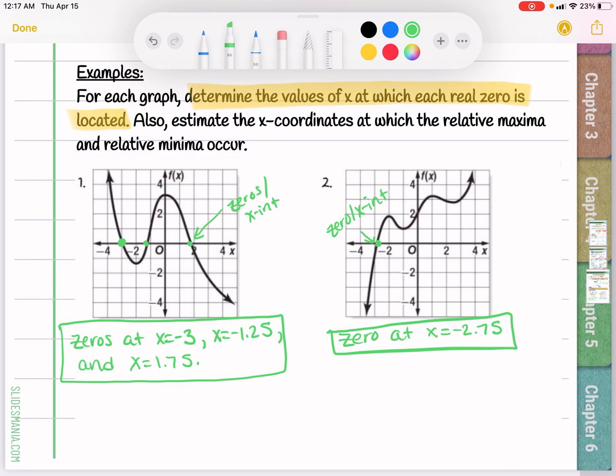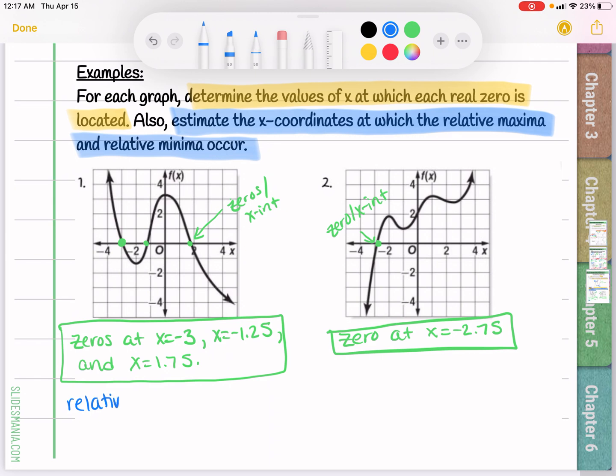Next, we're going to estimate the x-coordinates at which the relative maxima and relative minima occur. So if we look at graph 1, I'm going to start by locating the maxima, or maximum points.